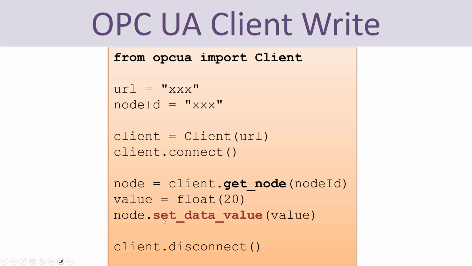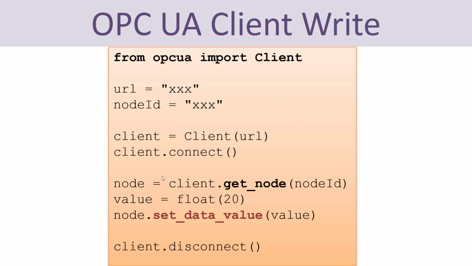Then I use this set_data_value method in order to write that specific value to the OPC UA server that we have specified here in the URL. After we are finished, we can disconnect from the server using the disconnect method. So this is for writing data to the OPC UA server.